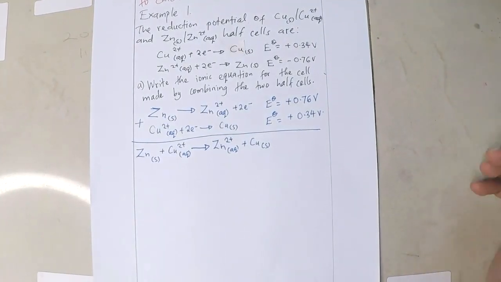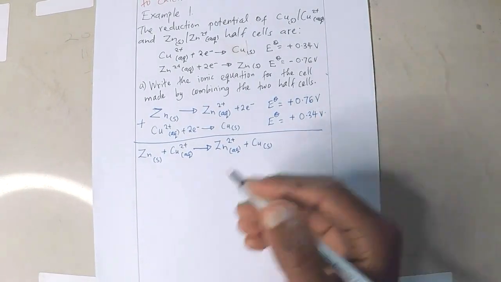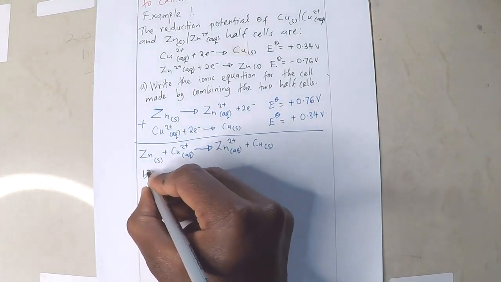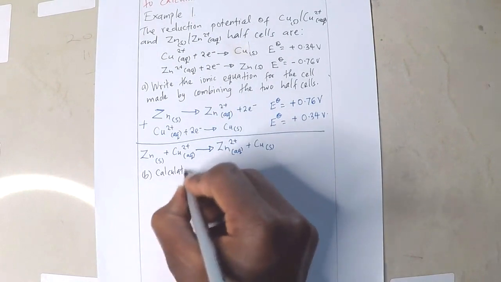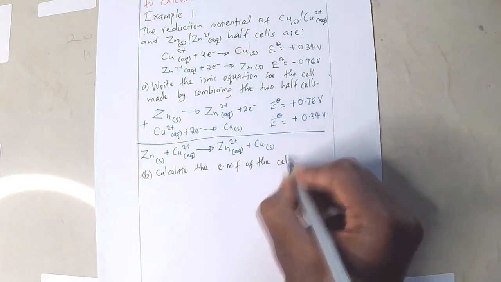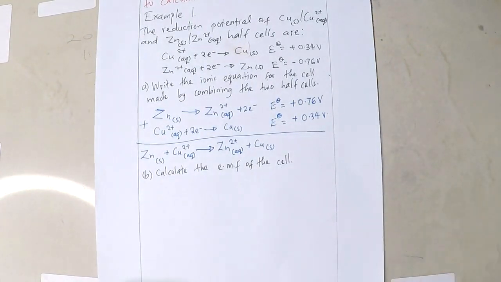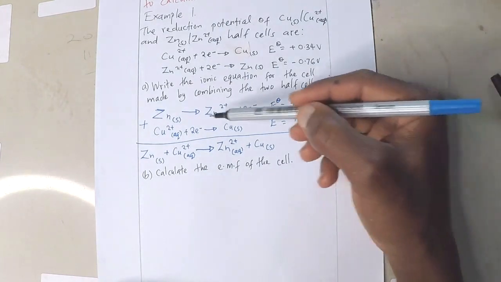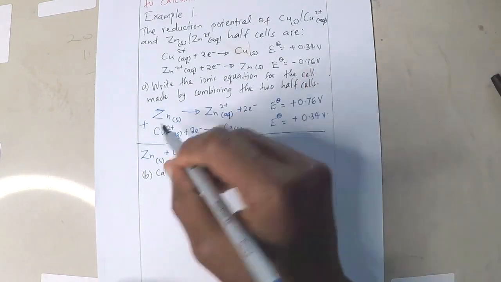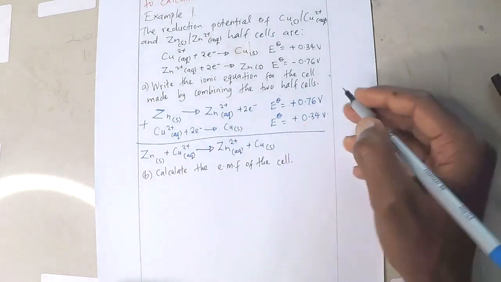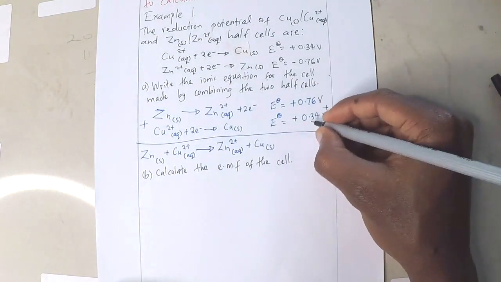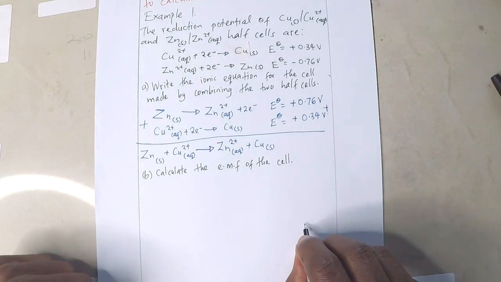Now, the second part of the question is to calculate the EMF of this cell. In this case, it's going to be very simple. Since we have already reversed this, just like we added the equations, we also add the electrode potentials that we've written in here.